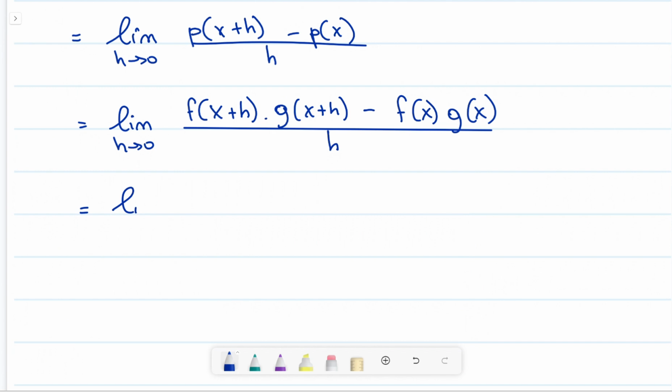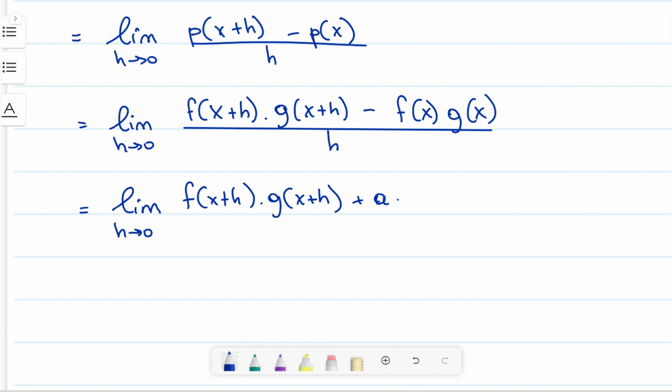And now we will do something that's a little bit tricky. First, we will keep the first term the same, and then we will add a term into the numerator. I just wanted to point out that if I were to add, let's say, plus a, and then I do minus a, I technically did not change anything because plus a minus a is 0.